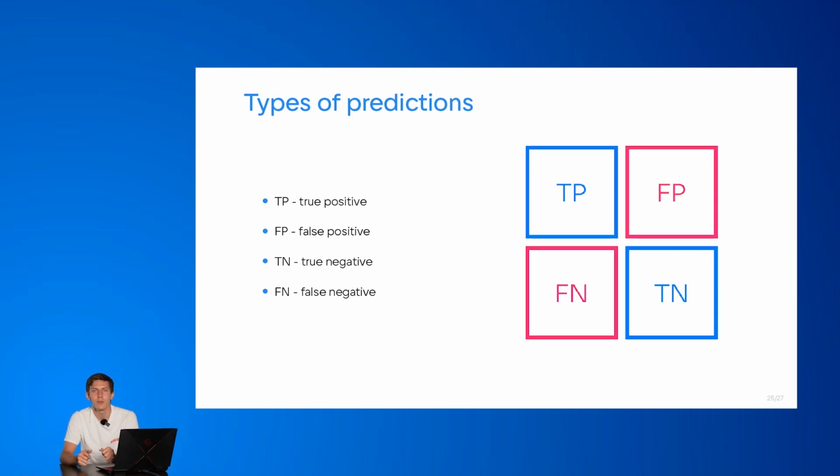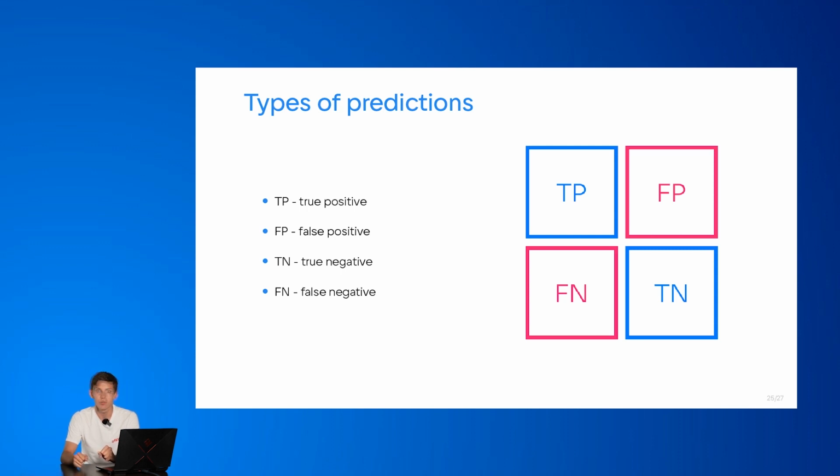There are four types of points in a binary classification. The first one, true positive, the second one, false positive, the next, true negative, and the last, false negative. True positive describes the situation when there is an object in a picture and the model confirms this information. The second one, false positive, is about the case where there is no object in a picture, but our model thinks that there is.